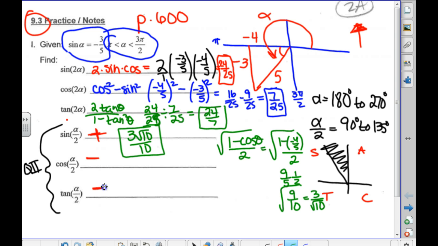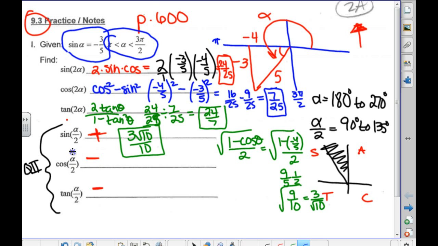I just have to figure out whether it's positive or negative? Yes, because I just put plus or minus. But if you already did those kind on your homework, you should be fine, as long as you did exact values and everything. The only thing I've had students do in the past is try to just type them in, get something, and no, that's not going to be acceptable.